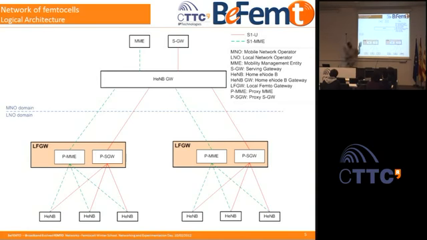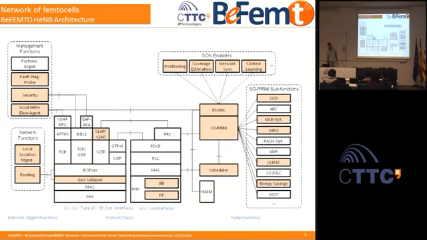So you just send to the core the really relevant messaging, or when you hand out to the macro, and then you need to, of course, send messaging to the core. But otherwise, you constrain it. And this is the advantage of introducing the local femto gateway.